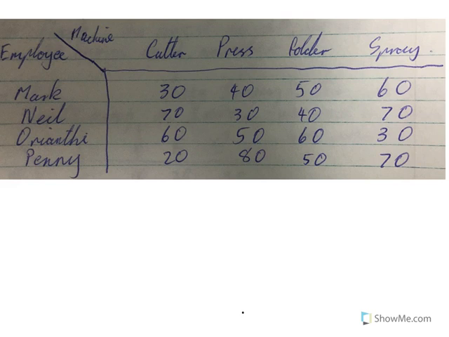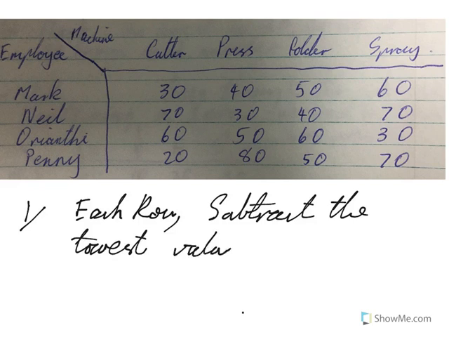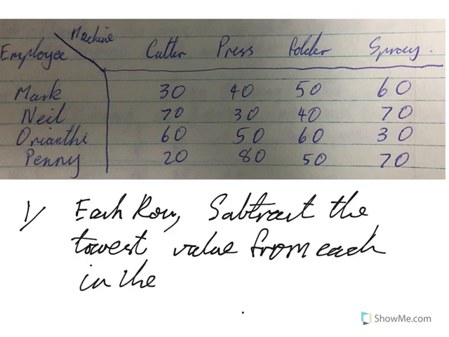Okay, so here we are. So there's our step number 1. So for each row, we subtract the lowest value in the row from each value in the row.